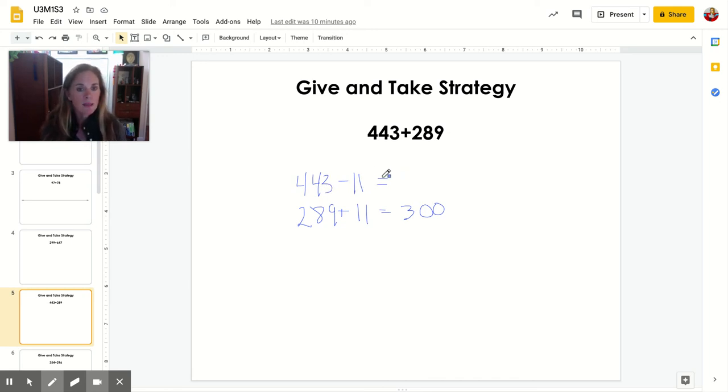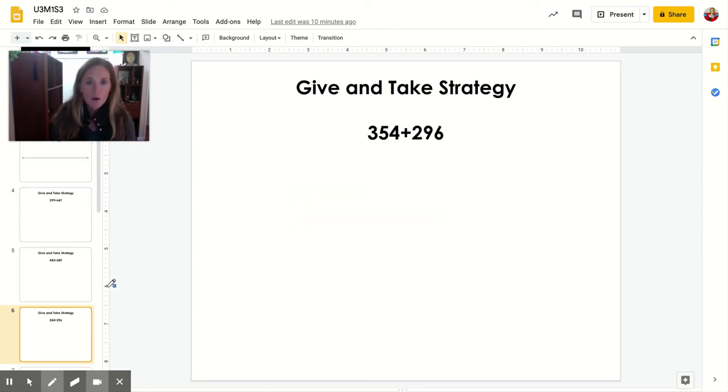And then I have to take that 1 away. So 432. So 432 plus 300 equals 732. Whew, you guys are doing the most difficult addition problems. I'm so proud of you.